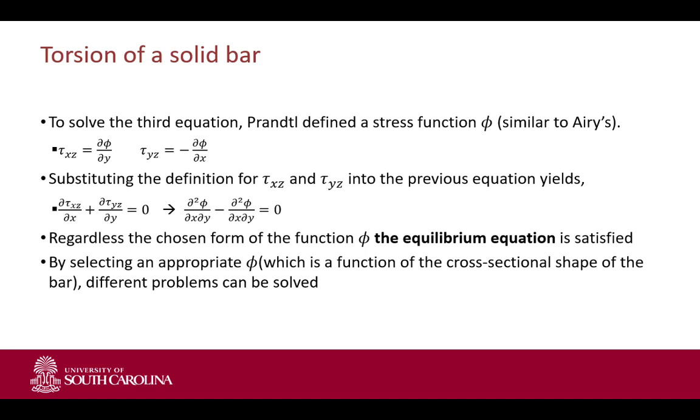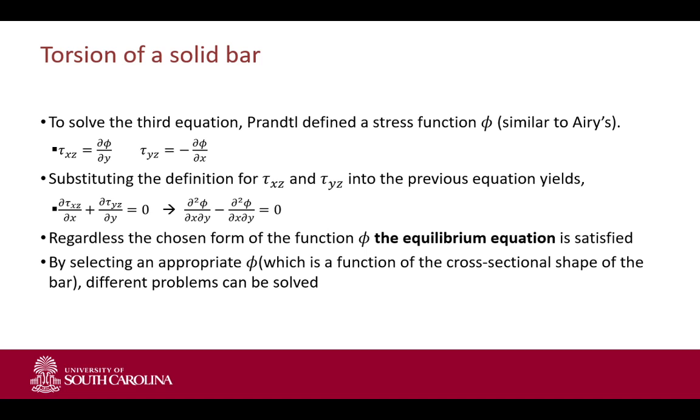This time we call it the Prandtl stress function, named after the first person who came up with it, Prandtl. And we say that tau xz is the derivative of our function phi with respect to y, and tau yz is the negative of the derivative of phi with respect to x.